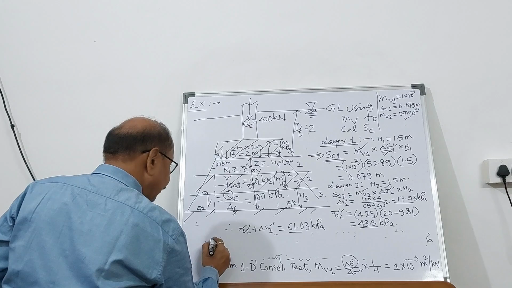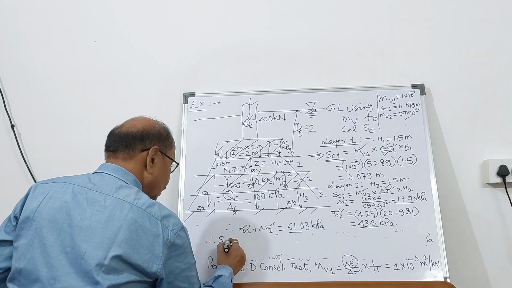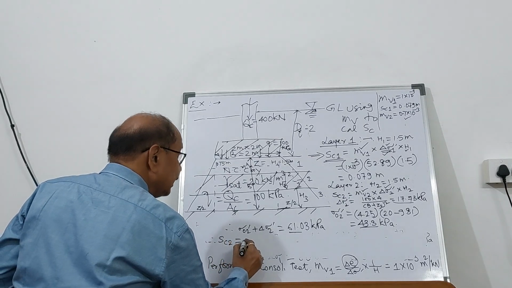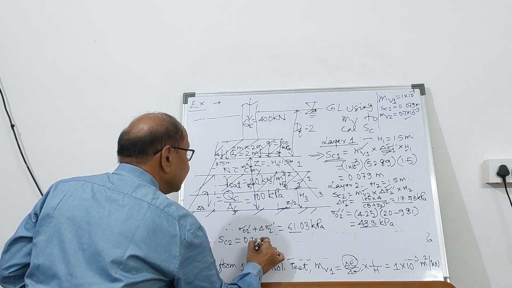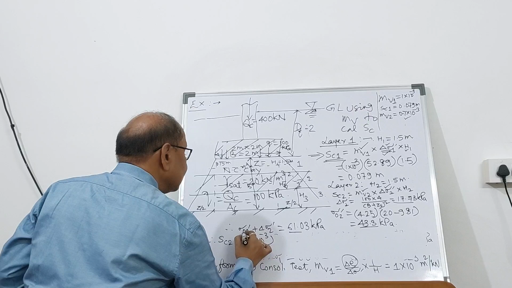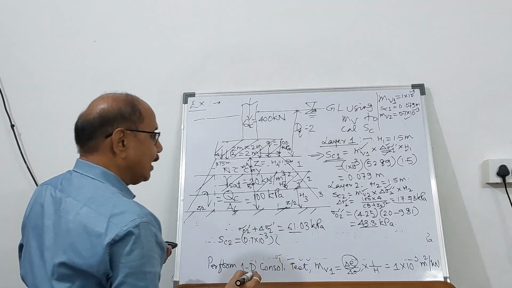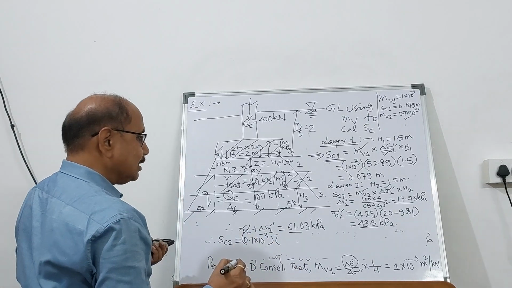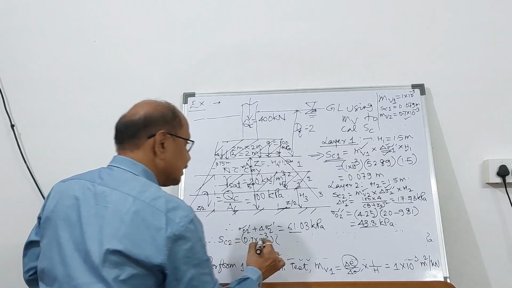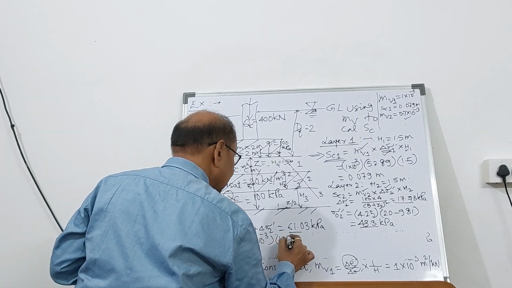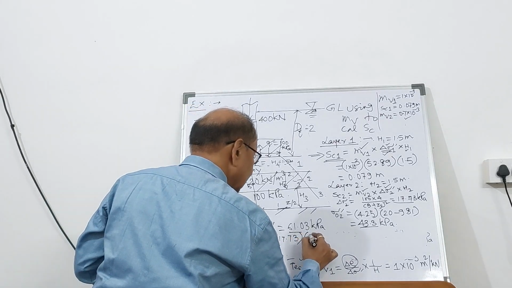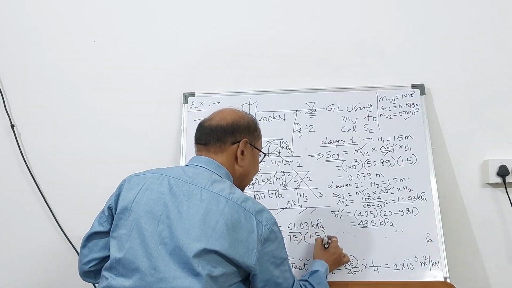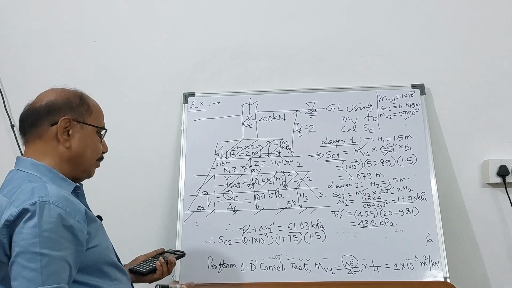So SC2 therefore can be calculated as 0.7 into 10 raised to minus 3 multiplied by delta sigma 2 prime, that is 17.73 kilopascal, multiplied by the thickness of the second layer, which is also 1.5 meter.